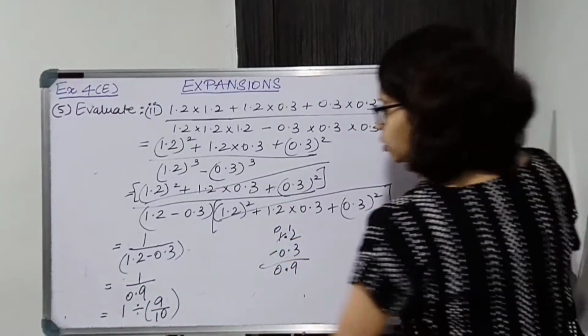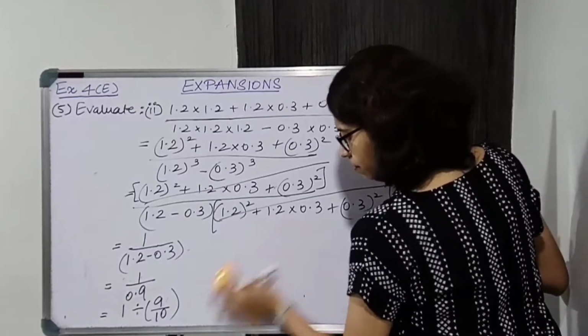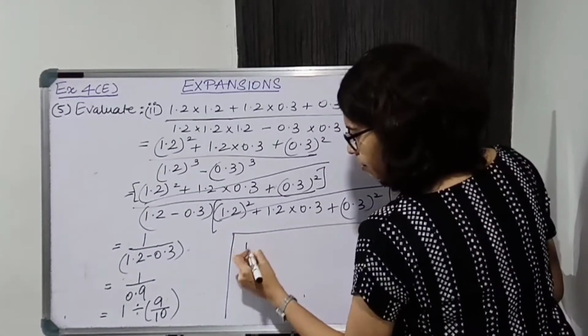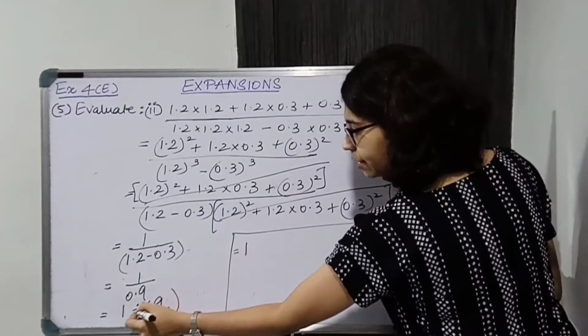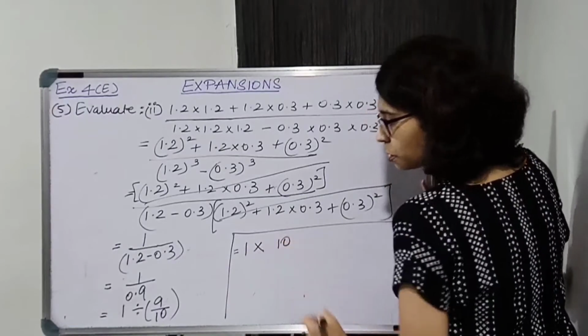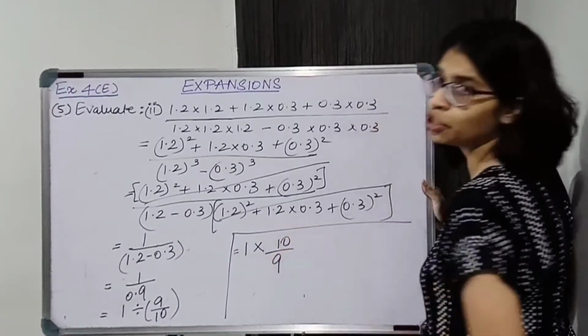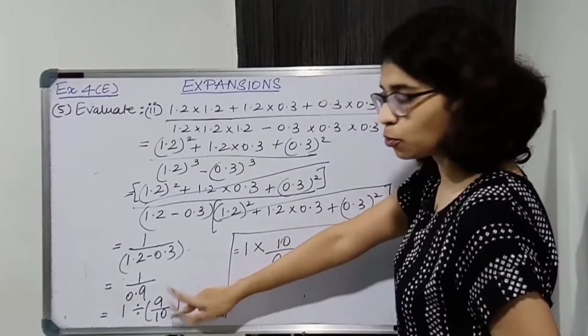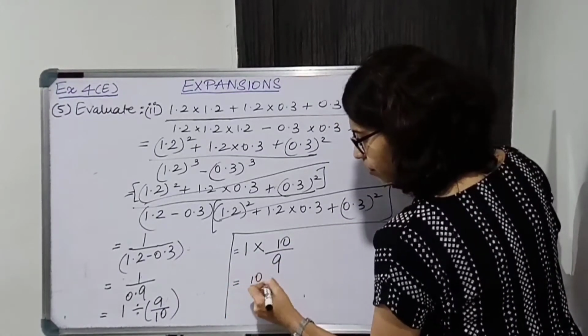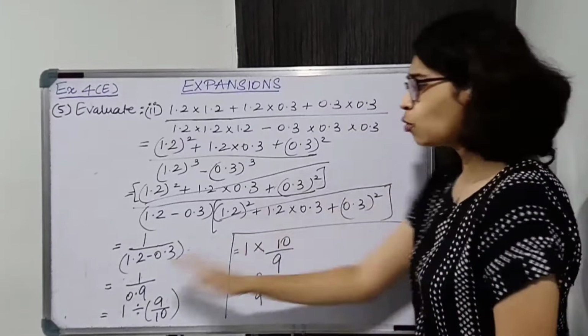Okay, so 10 will go in the numerator, because when I turn division into multiplication, it becomes the reciprocal. So 10 goes in the numerator, 9 comes in the denominator. Okay, it becomes the reciprocal. So 10 upon 9. If you know this, you can solve in a simple way.